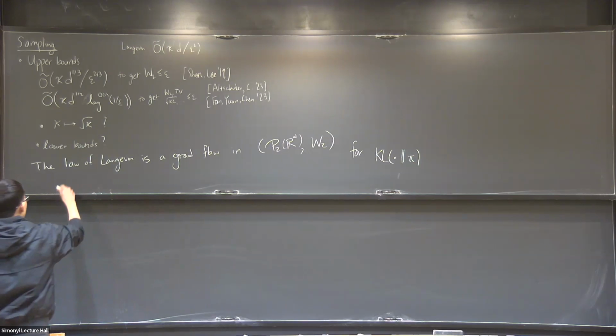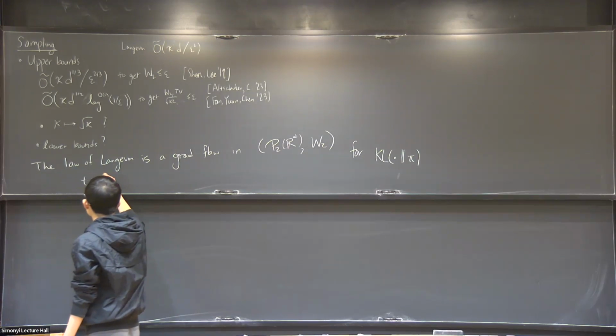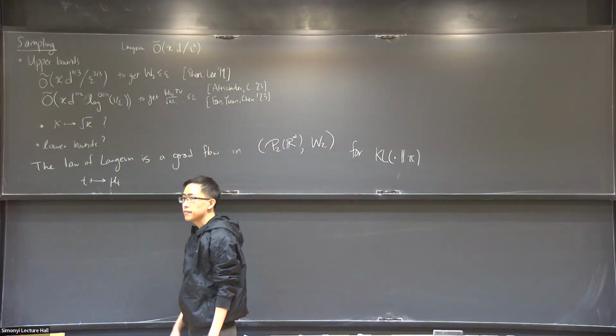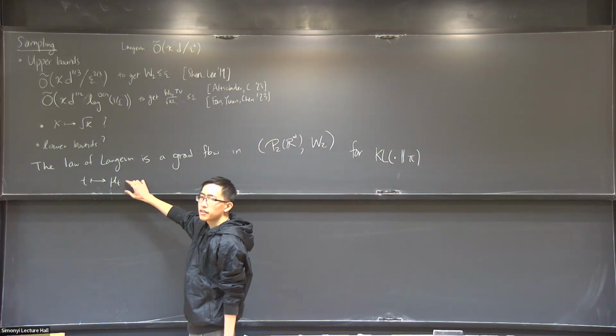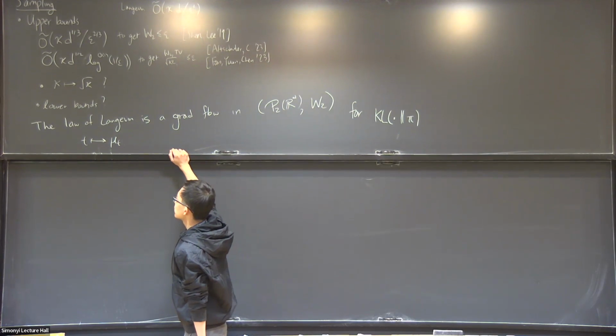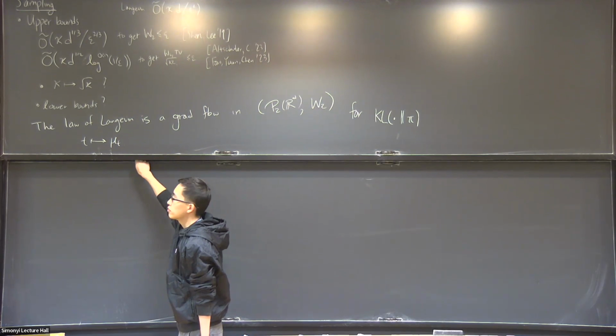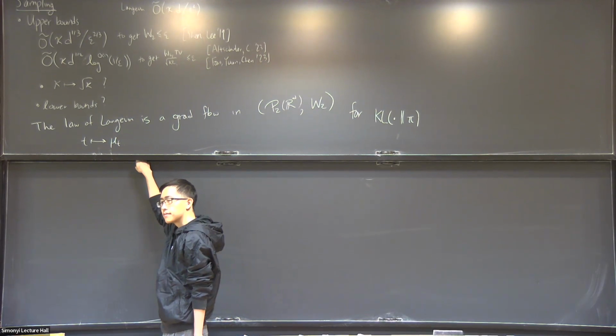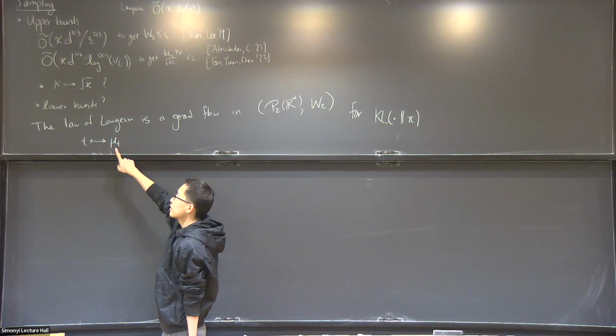So if I consider the curve mu t as a function of time, this is a deterministic evolution. And I'm going to write down what the evolution of mu t is. It's going to be a PDE. Oh, I've never seen that before. So what do you mean if it's randomized? How can it be deterministic? Oh, but this is the law at time t, right?